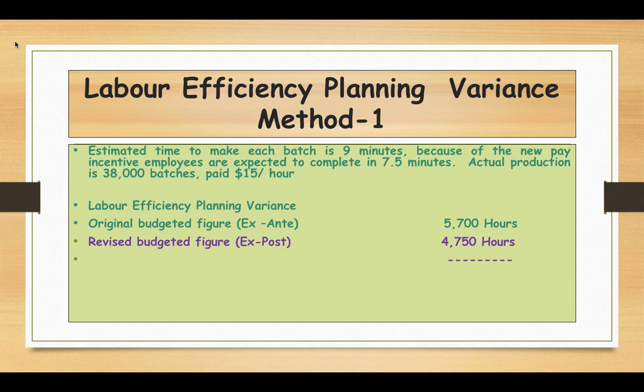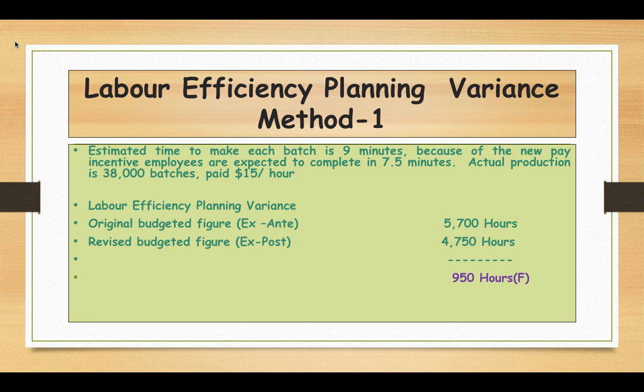Now the revised budgeted figure, which is our ex post figure. 38,000 batches, but according to our revised budget, each batch should take 7.5 minutes. Converting 7.5 minutes into hours, 7.5 divided by 60. So our ex post figure is 38,000 times 7.5 divided by 60, which is 4,750 hours.